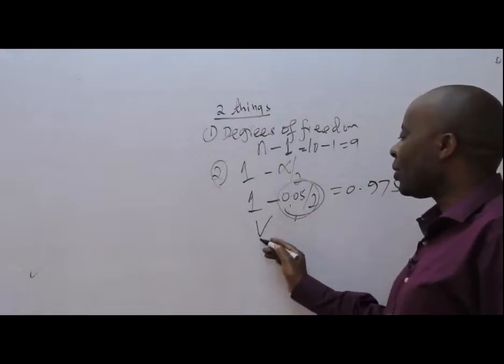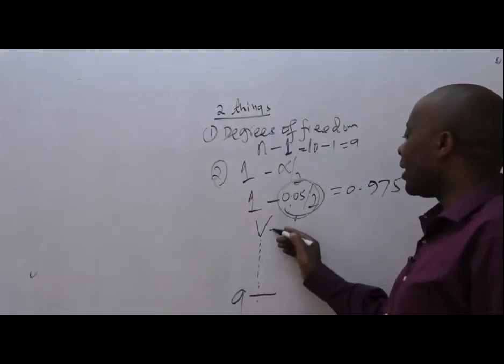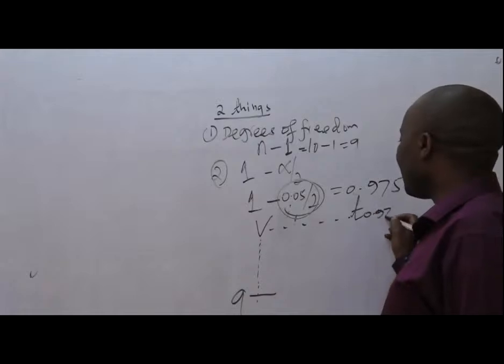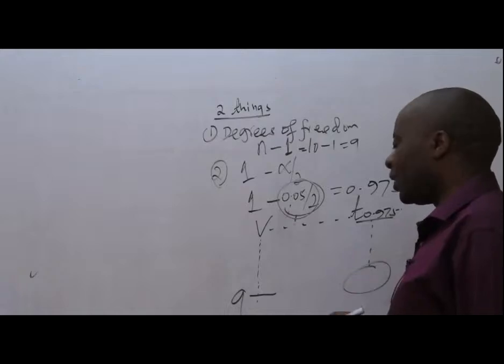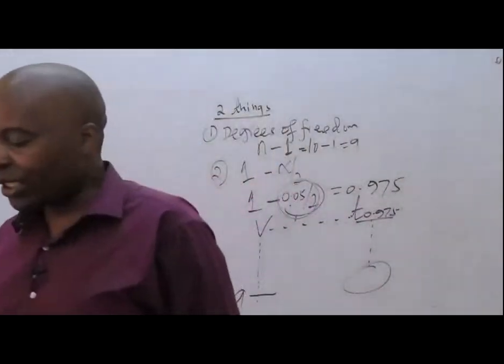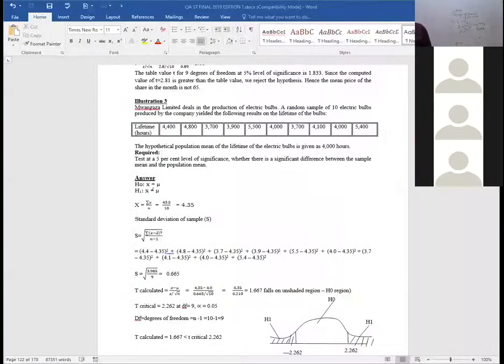On my T tables, I have V. So V, I'll go all the way up to 9. And then I have this column here that has got T.975. You walk down with it. To demonstrate using the table, this is T critical, not this one.